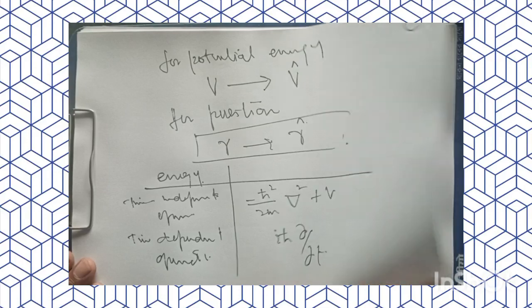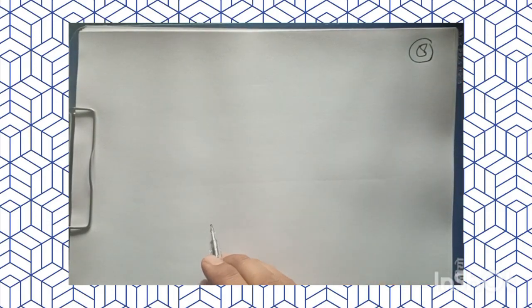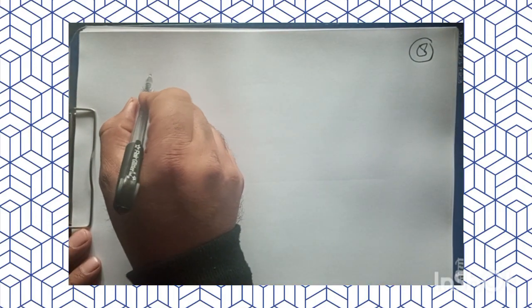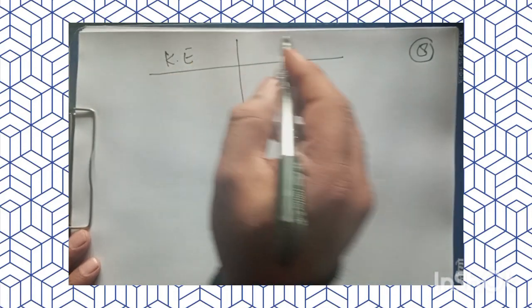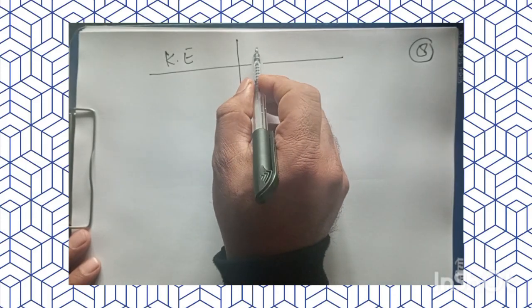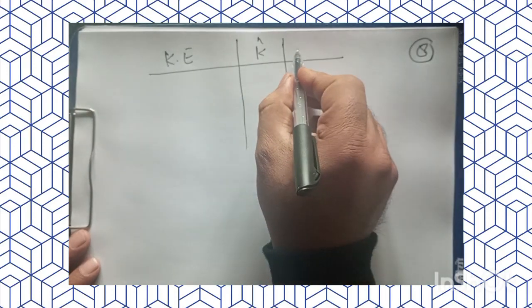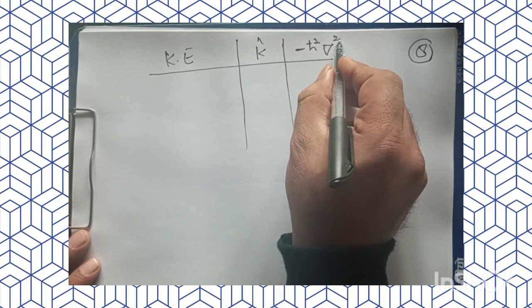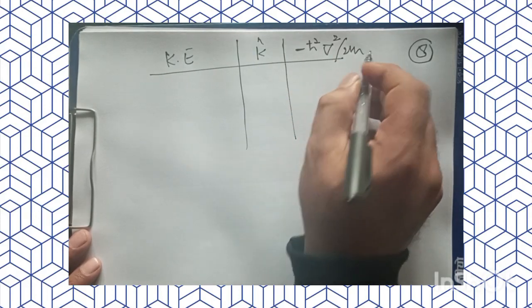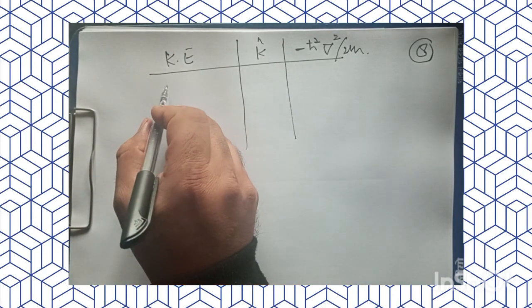And similarly, if I move on from here, in order to summarize this thing, if I have kinetic energy, for kinetic energy I have a corresponding operator, k cap, maybe the symbol, and the operator is minus h cross square del square by 2m. So this is what is evaluated, and then we have the momentum operator.